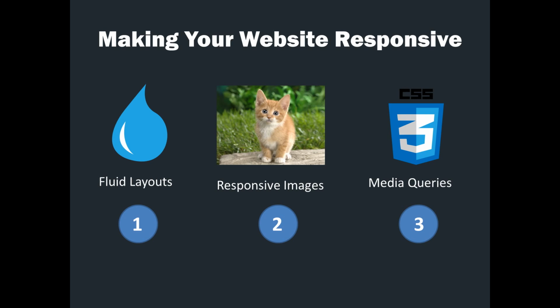The next is responsive images, and that's optimizing your images to be able to work on any device and grow and shrink depending on what the device is. And lastly is media queries, and this is CSS, Cascading Style Sheets, and pretty much tells the browser what to show and hide based off what device you're accessing the website from. So we're going to get a little more in depth with these.